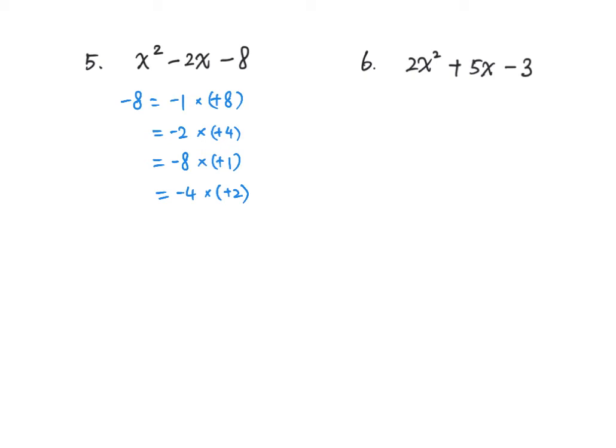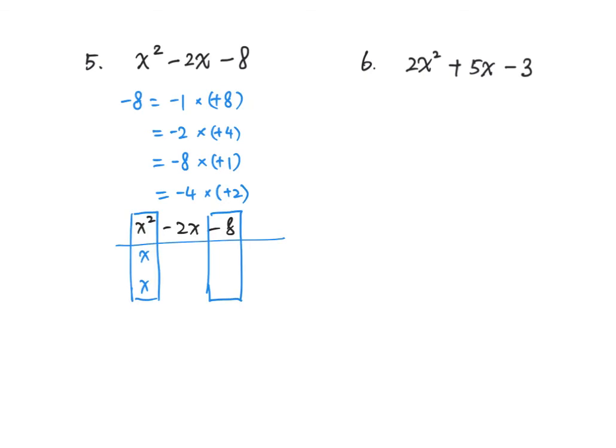So for the question x squared minus 2x minus 8, let's try to factorize it. x squared can be factorized as x times x. For negative 8, we can choose which one. We try the last one first.